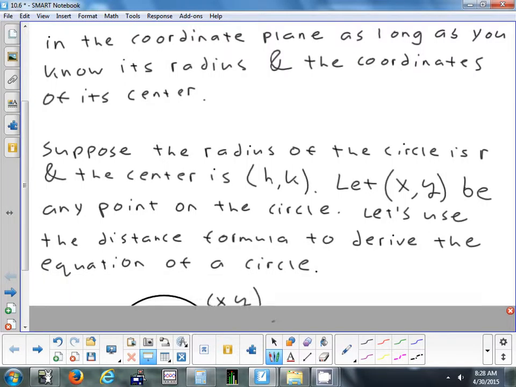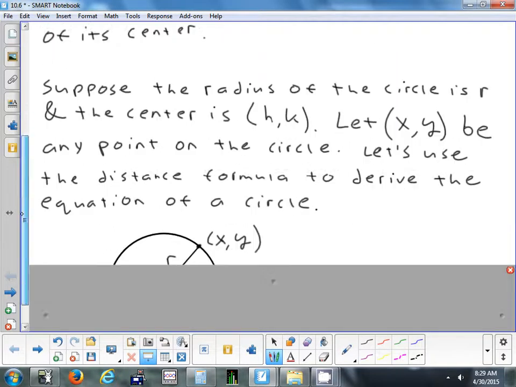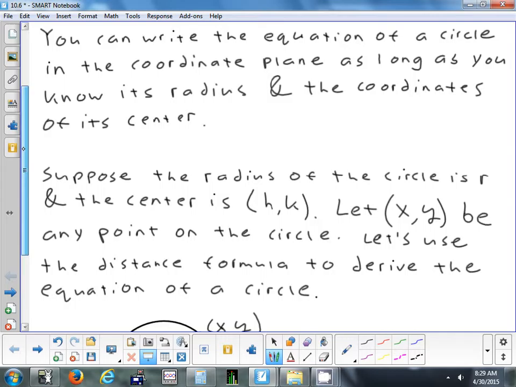We're going to use the distance formula to figure out what is the equation of a circle. Does everybody have the first paragraph?